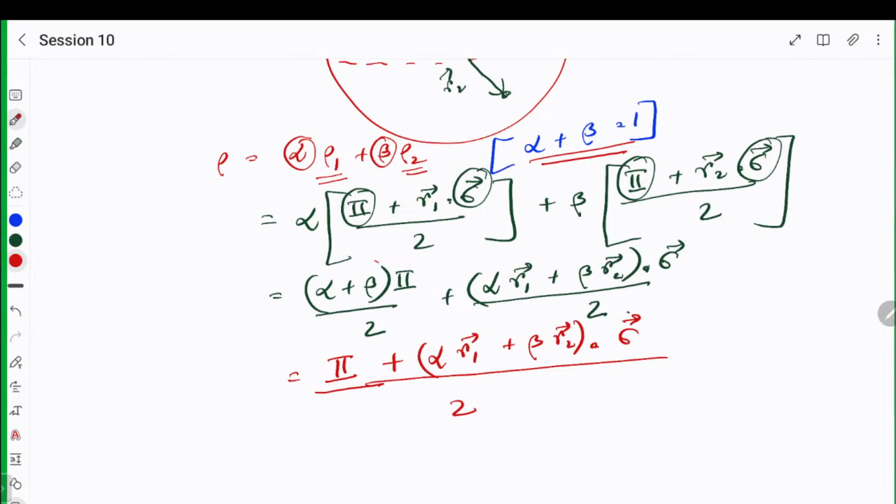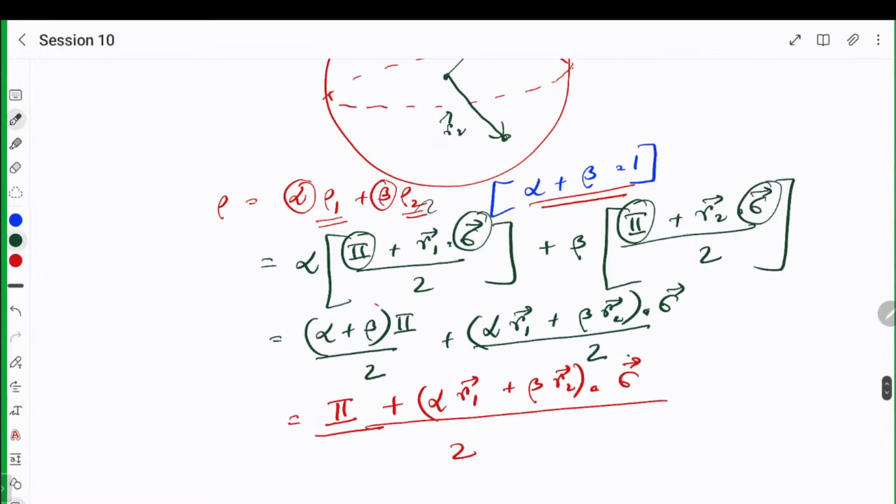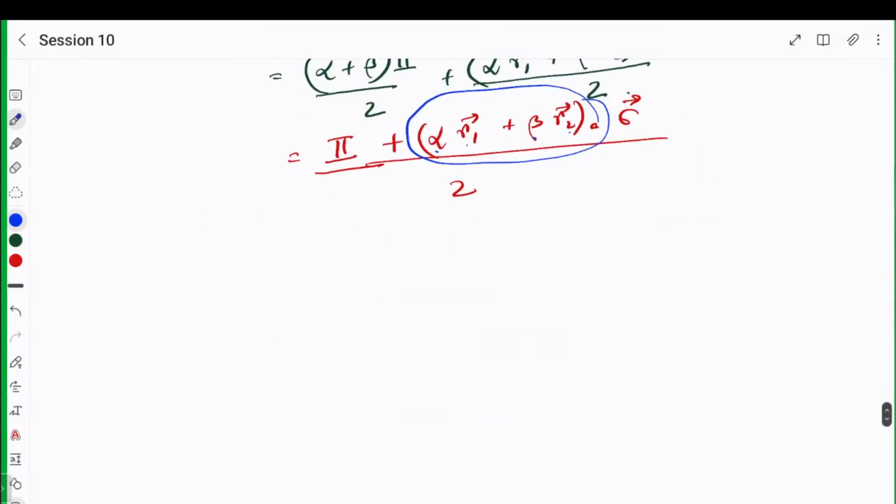Okay. And you see, when we take a mixed state from these pure states rho 1 and rho 2, what happens is that this R vector changes. So for rho 1 it was R1, for rho 2 it was R2. For rho we are getting alpha R1 plus beta R2. So let's try to think about how this would look.